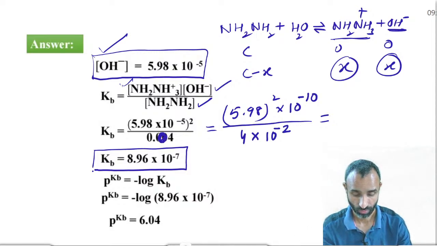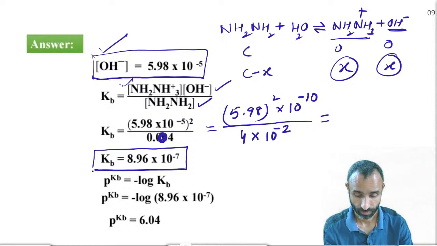Just calculated 5.98 into 5.98 divided by 4. So it is 8.96 into 10 raised to power minus 8 actually.